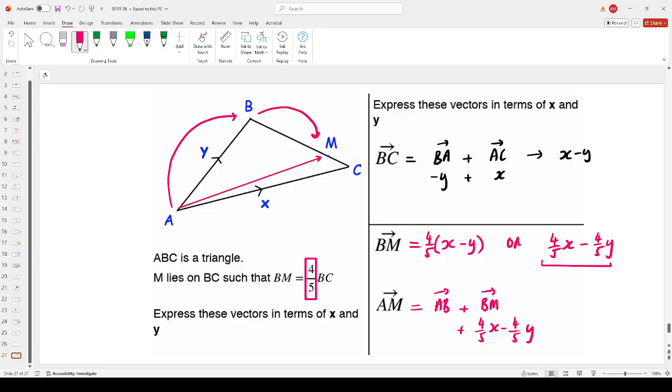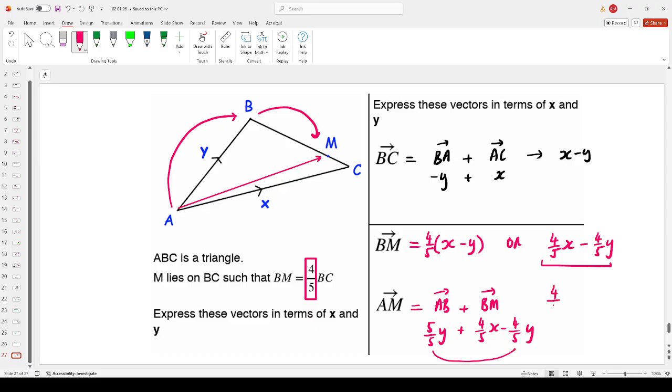And then A to B is what? A to B is just y, right? So instead of y, I can write 5/5y. Okay, is everyone okay with that? So what's 5/5 take away 4/5?